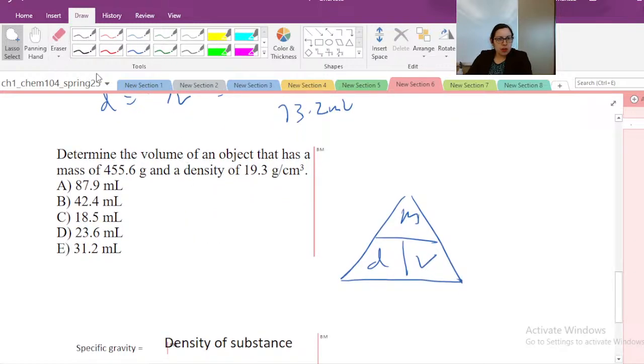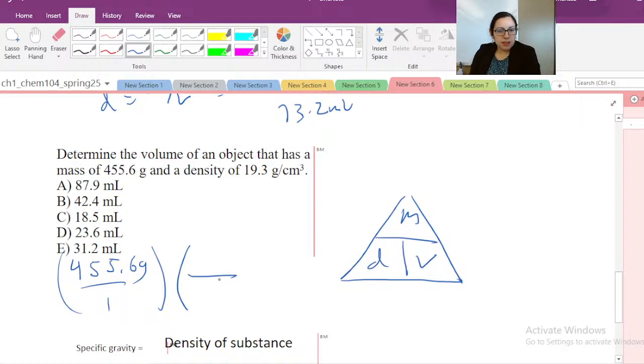This one, again, triangle trick, we're trying to find volume. We could cover it, so it tells us we should take our mass divided by our density. If we do our dimensional analysis, that would also make sense. Divided by density, look at those units, so you get grams on bottom, centimeter cubed on top, which is going to give you a volume.